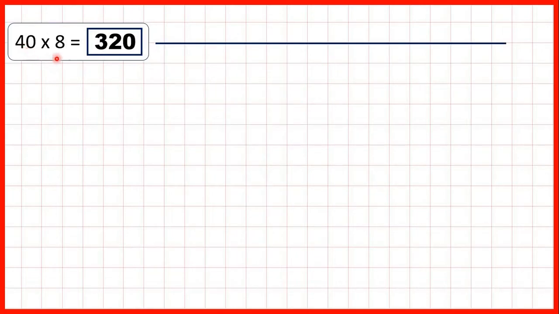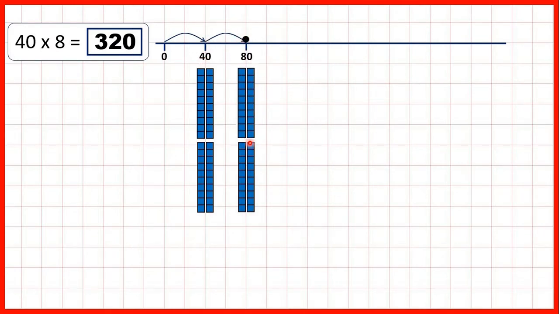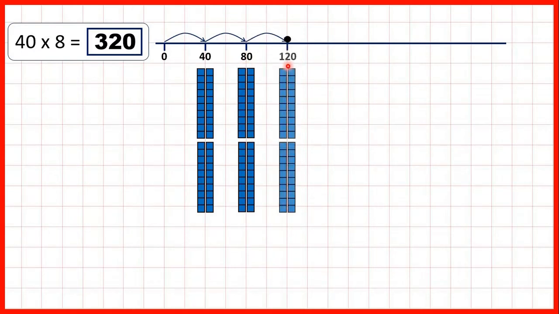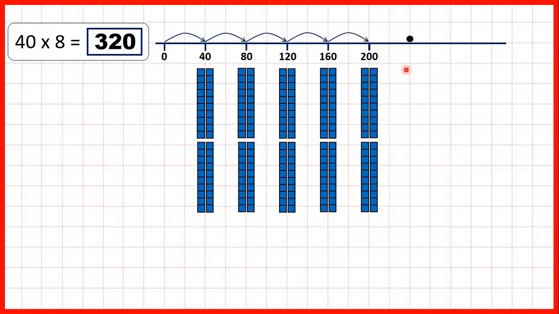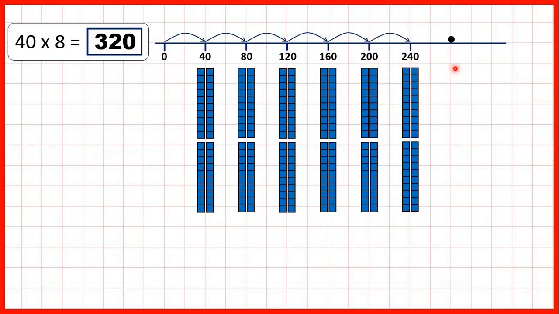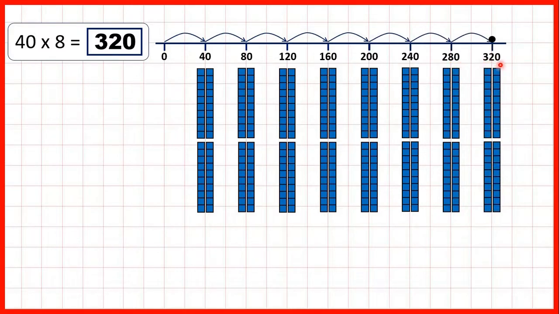Then we had 40 times 8, which is the same as 8 times 40. So counting in steps of 40, we have 40, so we can show 4 tens below what we count each time. Then if we add another 4 tens, we have 8 tens, so that's 80. Then 120, 160, 200, 240, 280, and then 320.